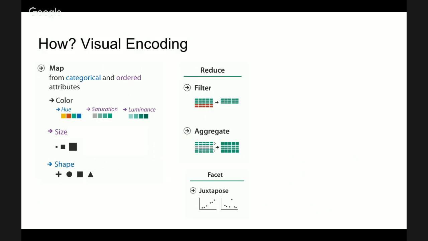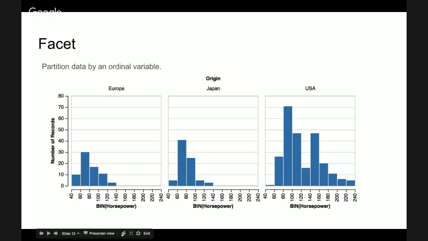And another visual encoding is faceting. And what you do in faceting, so it's not here, in faceting is you partition the data by an ordinal variable. So here in this visualization, you see that we have a histogram over the horsepower, and we could have one histogram, but here in this case the histogram is split into three, where each histogram corresponds to a certain origin.